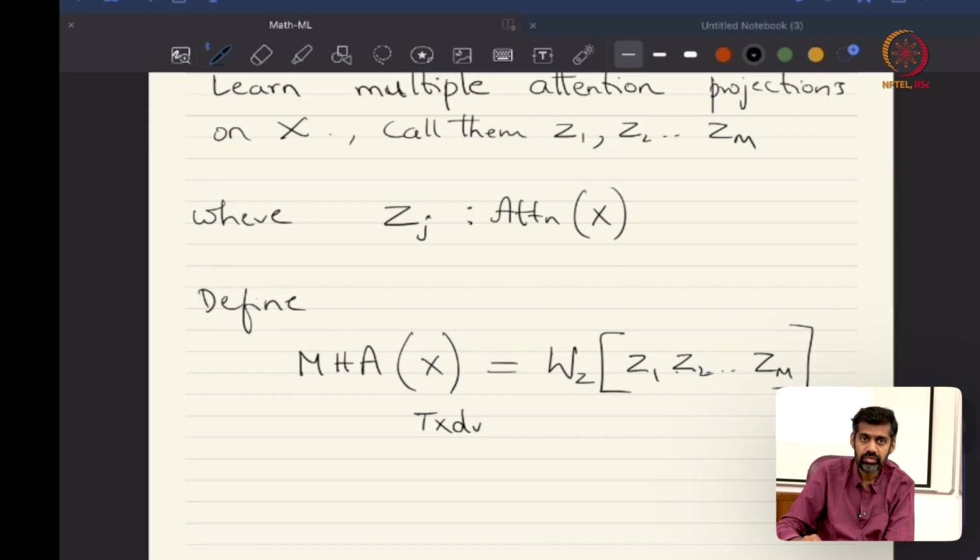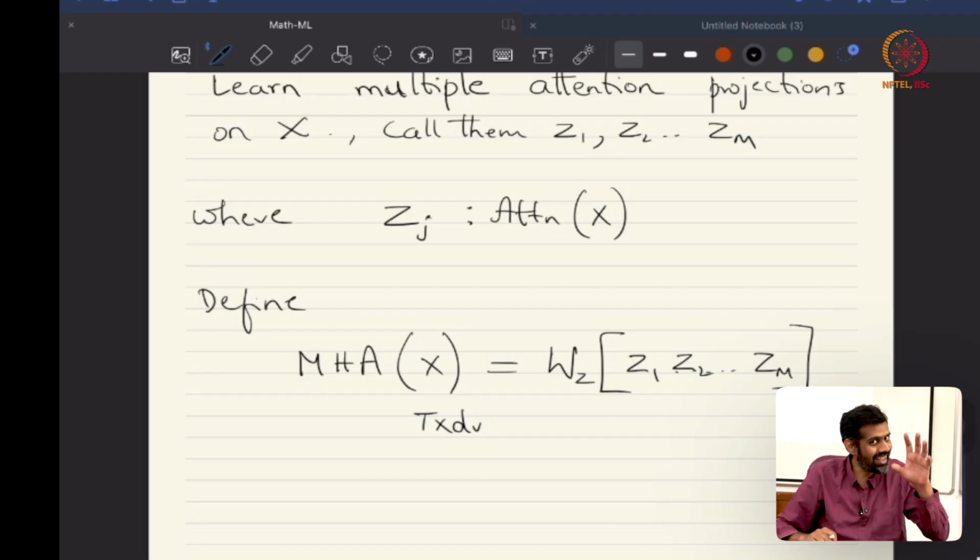After we have this multi-head attention, the single head attention will give you a dV dimensional vector given a token. Compute m of them, concatenate them all. So you get an m cross dV dimensional representation corresponding to one token. Bring it back to dV dimensions by multiplying it with the matrix Wz. That's it.